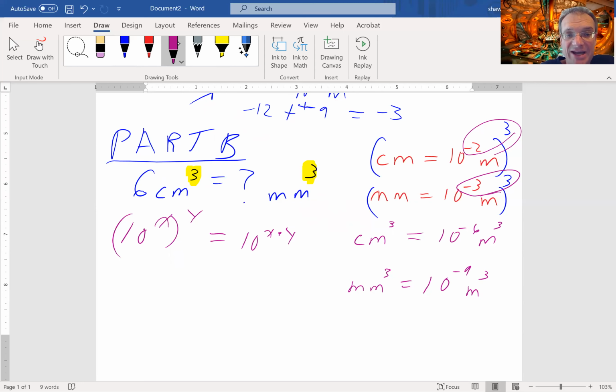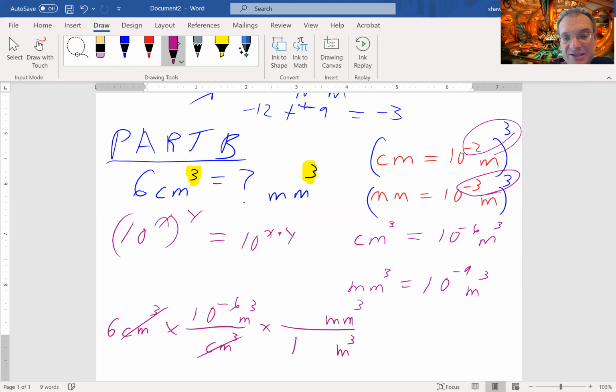So now we can come back to our train here. We've got 6 cubic centimeters. We want to get rid of cubic centimeters. All we know how to do is go to cubic meters. We don't want cubic meters, so I'm going to place cubic meters where they disappear. We want cubic millimeters, so I place my negative 9 down there. Hey, I've got cubic millimeters.